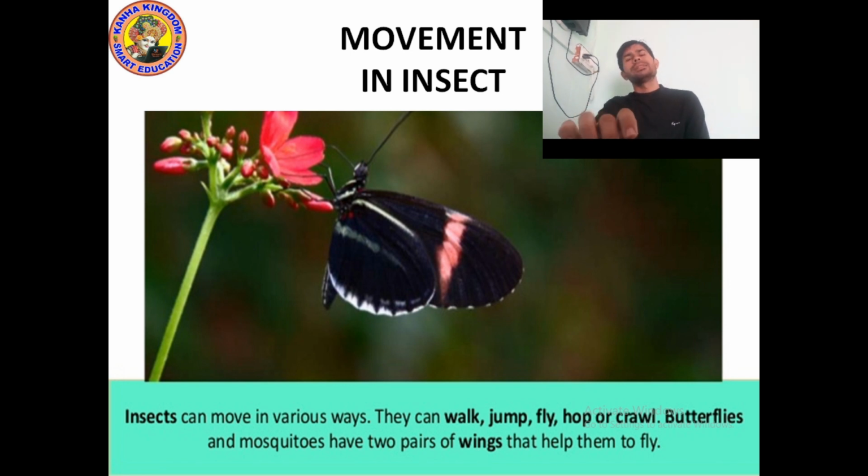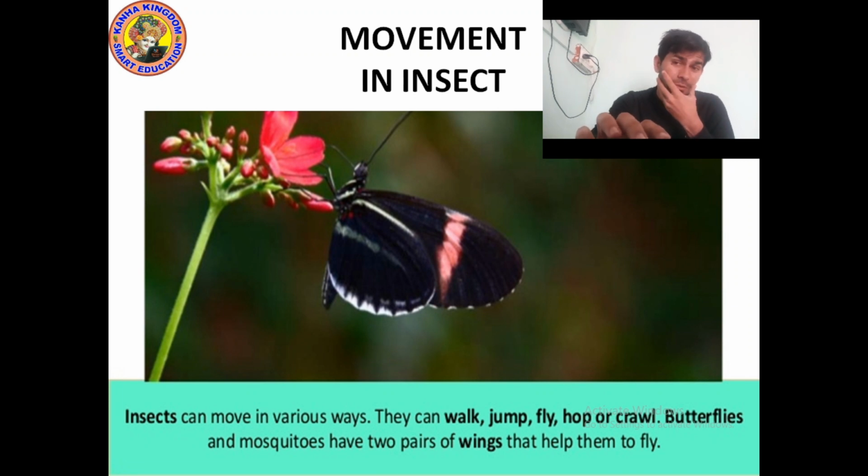As you can see on the screen, first of all we will study the movement in insects. There are different kinds of insects: ants, cockroach, grasshopper, and you can see the picture of a butterfly. Insects move in various ways.